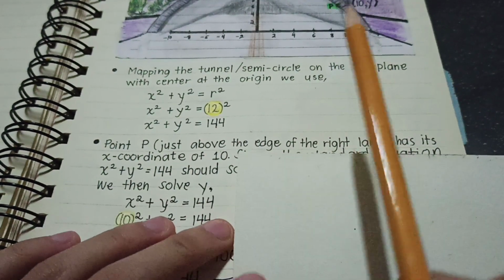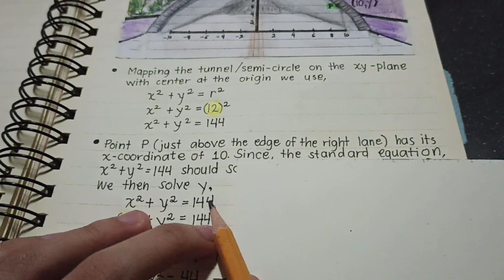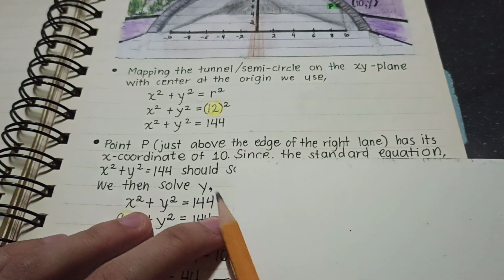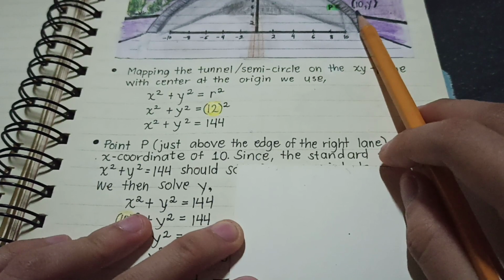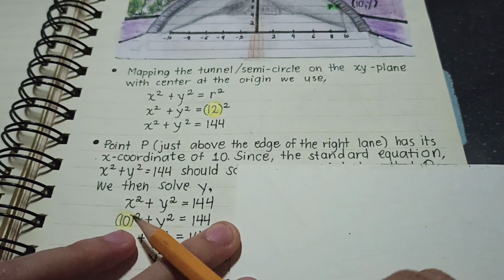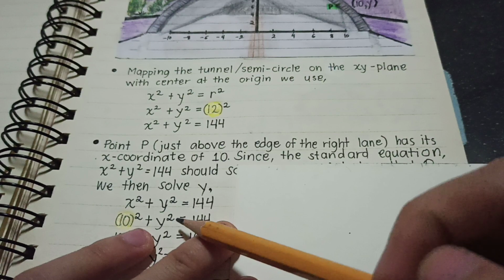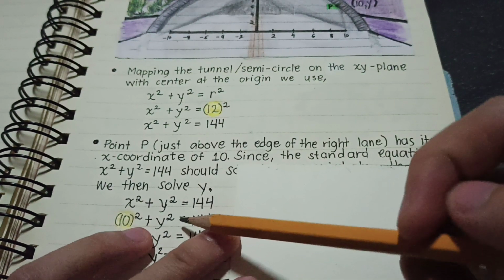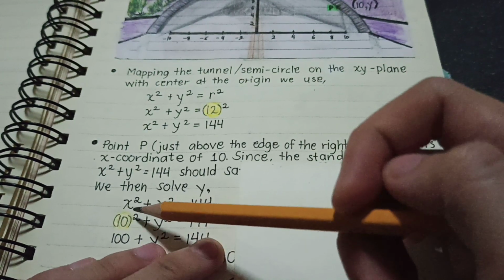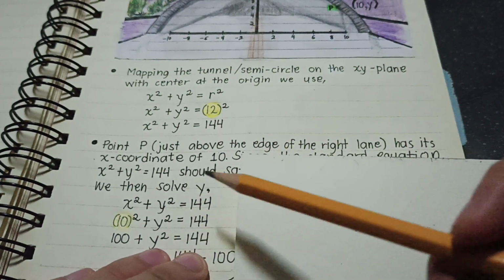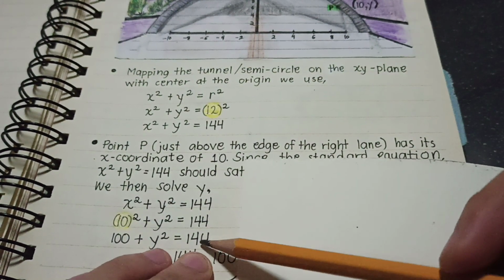Using the standard equation of circle x squared plus y squared equals 144, I'm going to plug in 10 to the x, so it will become 10 squared. But y should be retained because that's the thing that I need to solve. So 10 squared is equal to 100. 100 plus y squared is equal to 144.